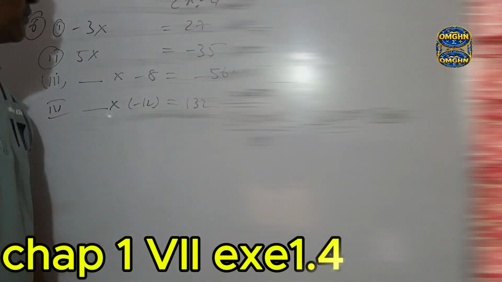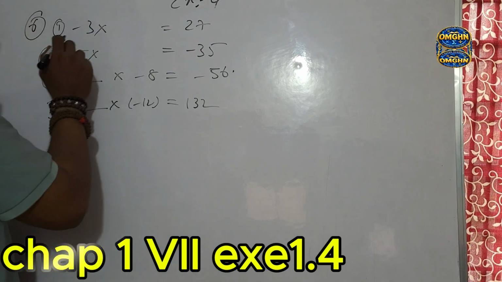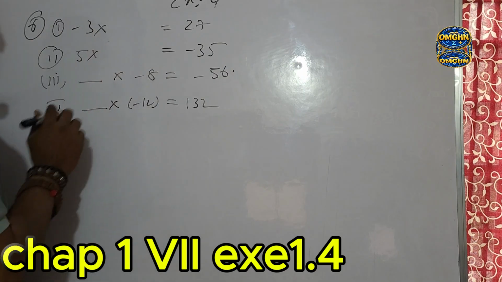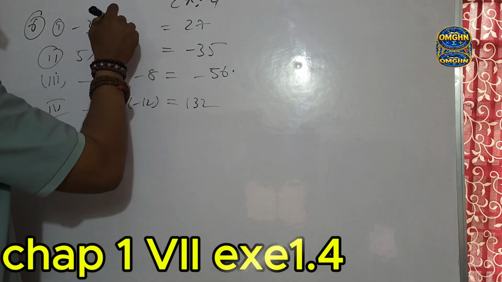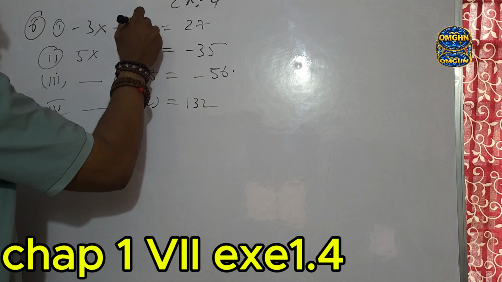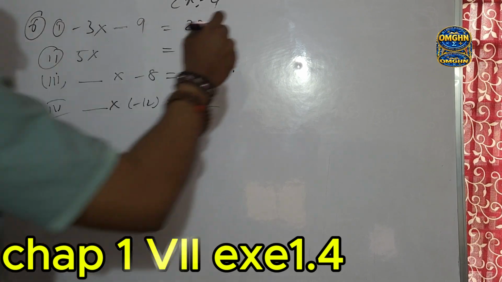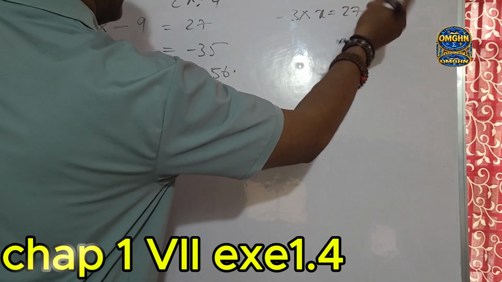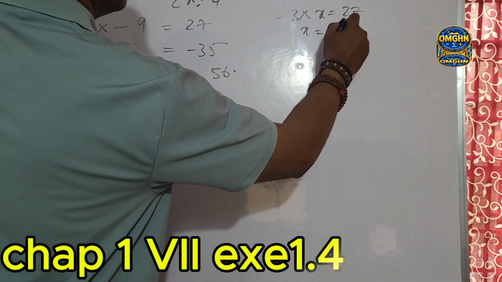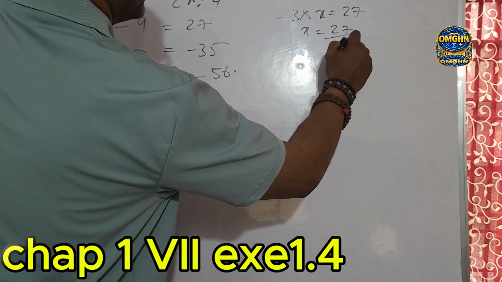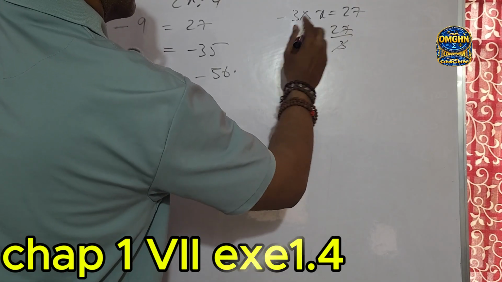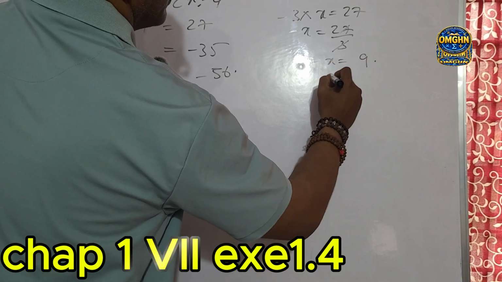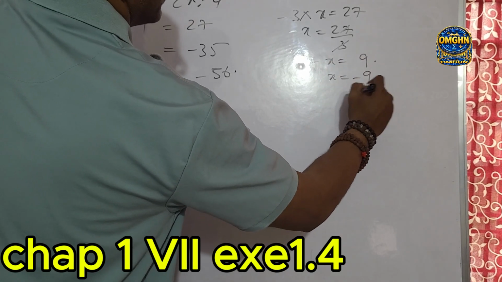Okay, now see, sixth question. -3 given, 27 given. So what is the answer you will get? Minus into minus becomes plus, so 3 nines. Another method is there: -3 into x, I am taking. Then x equal to 27 by -3. It is minus, so it is coming as 9. X equal to minus 9.